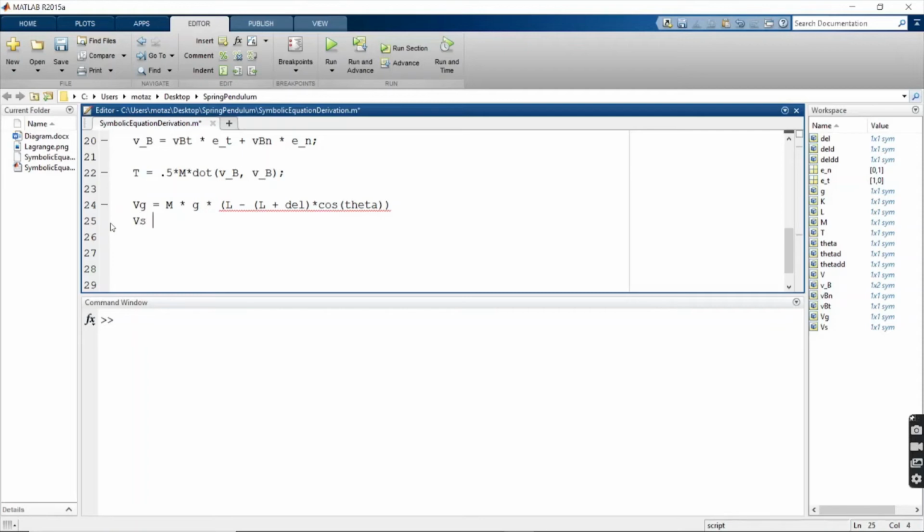And then the spring potential energy is 0.5 times spring constant times del squared, and the total potential energy is the sum of those two. Okay, so we can run that and see our kinetic and potential energies.